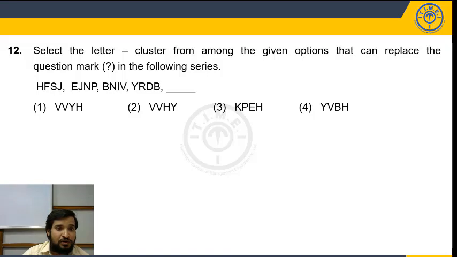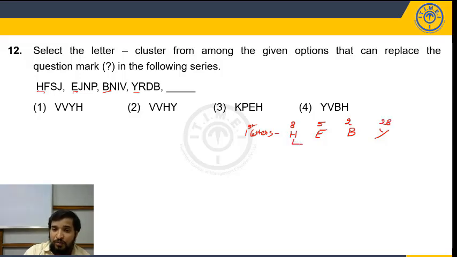Compare first letter to first letter in each set, that is H to E, E to B, B to Y. I am writing the first letters of each set, that is H, E, B, Y. So write down the place values. H place value is 8, E place value 5, B place value 2 and Y place value is 25.